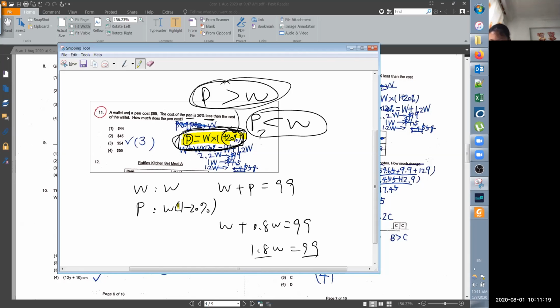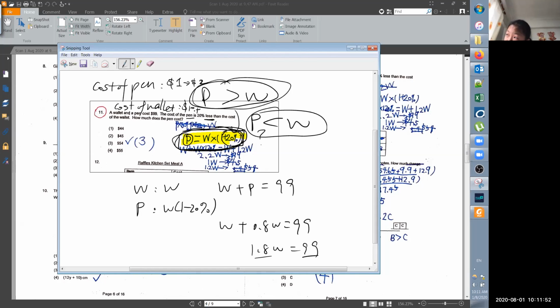Yes, sometimes some pens are more expensive than a wallet, but most of the time, a pen cannot be more expensive than a wallet. If I ask you to estimate what's the cost of a pen, just estimate. $1. Yep. So sometimes it's just like $1 to $2. We are talking about a very normal pen, right? What about a wallet? Cost of a wallet? I will say it's at least like $10 and above.